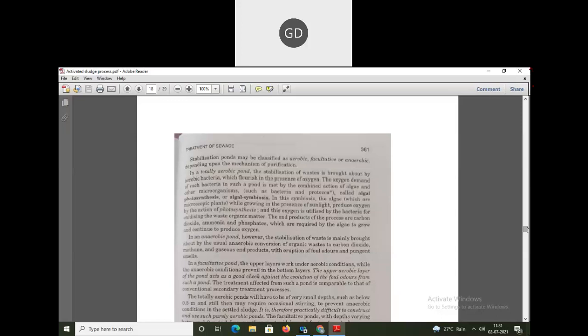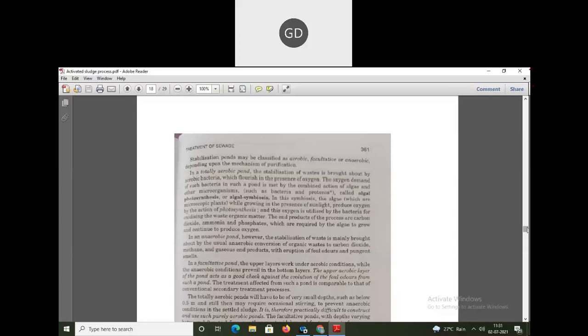If the stabilization pond is a facultative pond, then the upper layer is under aerobic conditions, while anaerobic conditions prevail in the bottom layers. The upper aerobic layer does not evolve any foul odors.